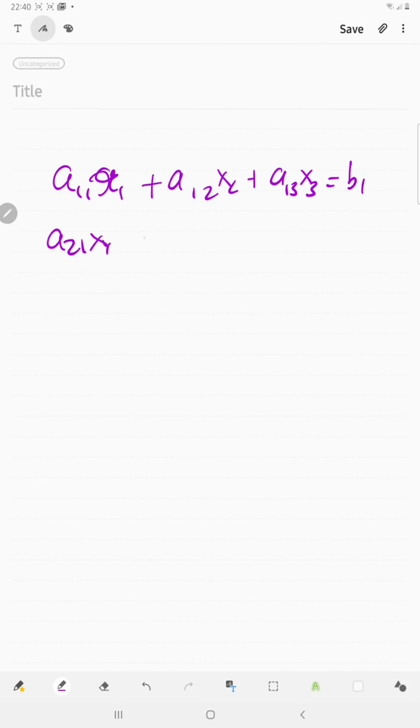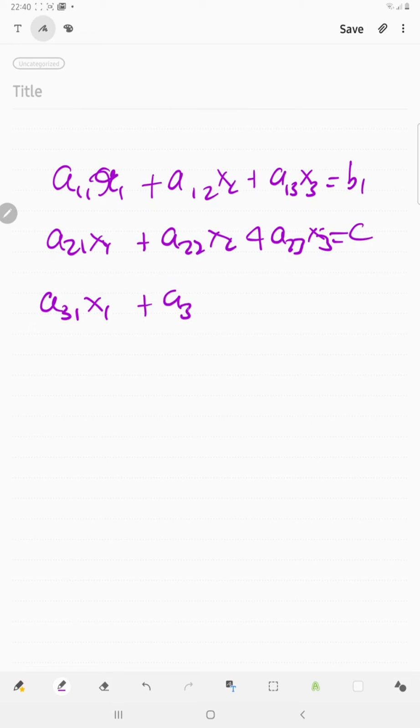Now, on the last section of this, we look at what is called a 3 by 3 system, where we can find a matrix which is given by A11 x1 plus A12 x2 plus A13 x3 is equal to B1, and we've got A21 x1 plus A22 x2 plus A23 x3 is equal to B2, and A31 x1 plus A32 x2 plus A33 x3 is equal to B3.